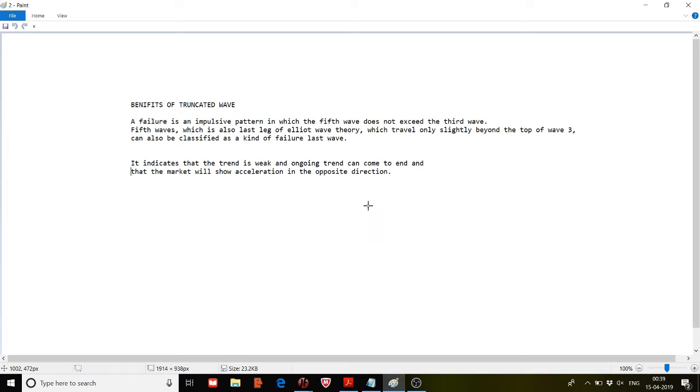So failure means, generally, wave 5 crosses above the length of wave 3 and makes a new high, which is higher than wave 3's highest point. But when this failure happens, the fifth wave's high will be lower than wave 3's high.